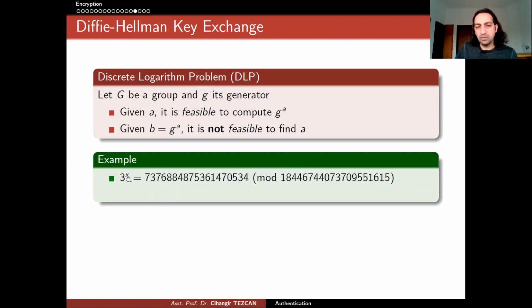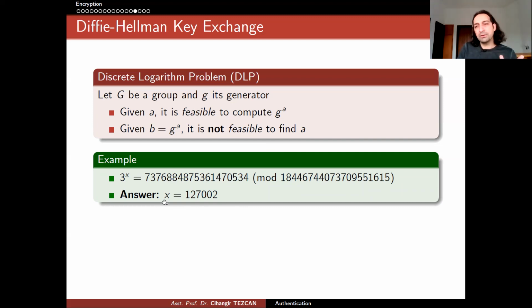Now you can perform a brute force attack by trying every possible x, starting from 1, 2, and so on, and capture the value. But if we use a lot larger numbers in practice, it will be harder to guess. So in this example, it was actually a small number like this, which was very easy for me to calculate. But it will take longer for you to try all of the values.